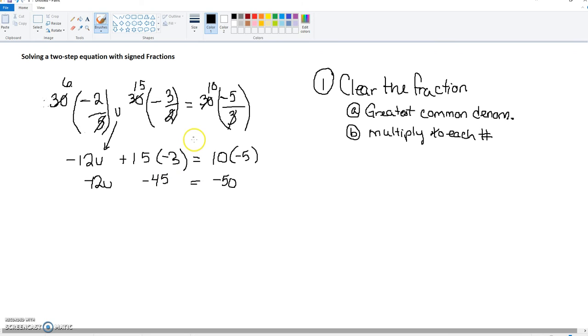Now from here, you're going to treat it just like a regular two-step equation. Oh, my line disappeared. Let me rewrite that line for those of you who are writing that line all the way down. Okay, since we have a negative 45, we're going to add 45 to both sides.